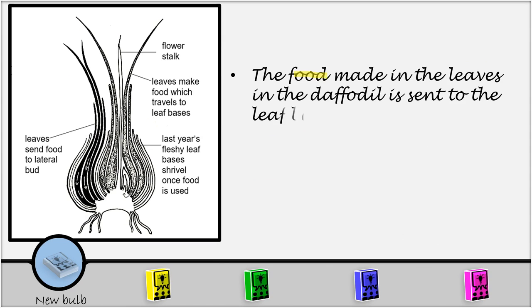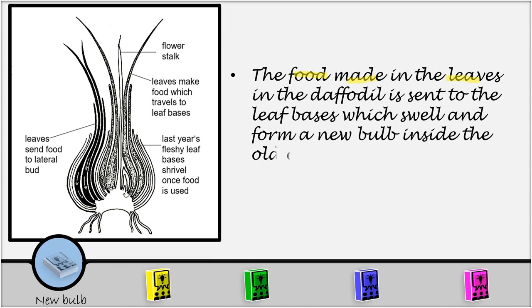The food made in the leaves in the daffodil is sent to the leaf base, which swells and forms new bulbs inside the old ones. Now here we have our new leaves. The new leaves outside here have now developed, and these leaves are making food.